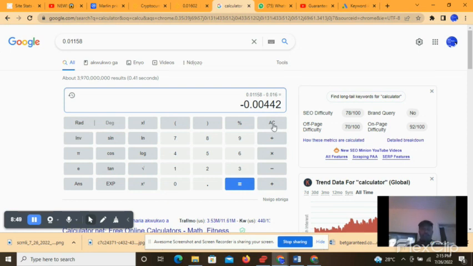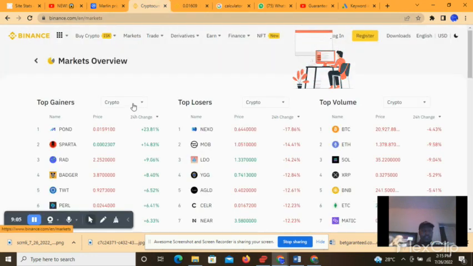For those who will be having issues with the mathematical calculations involved here, let me not bore you with this. Let's consider a different crypto that is also profitable, where the value is significant.